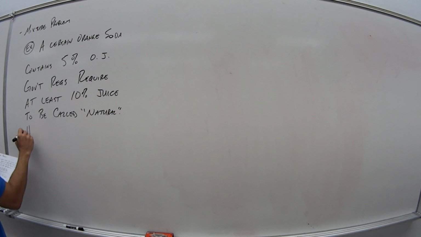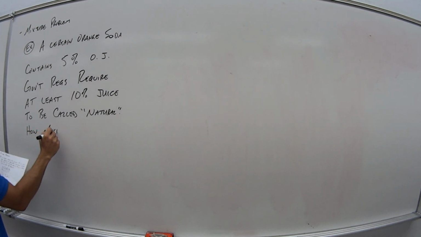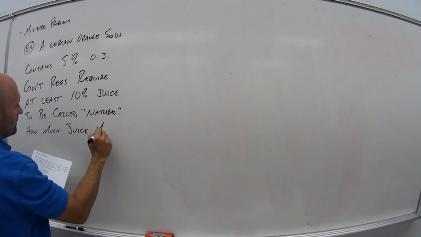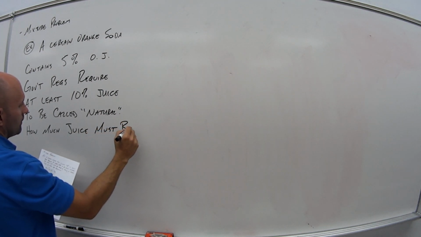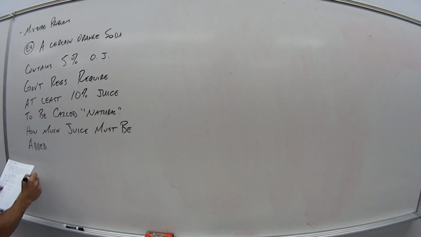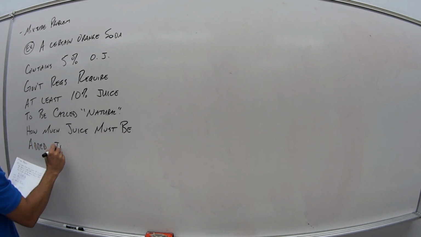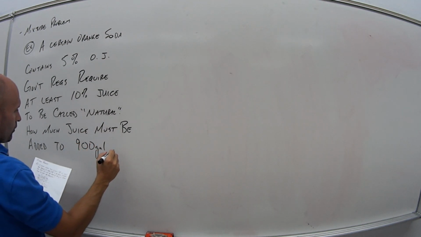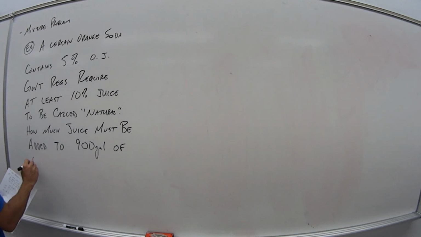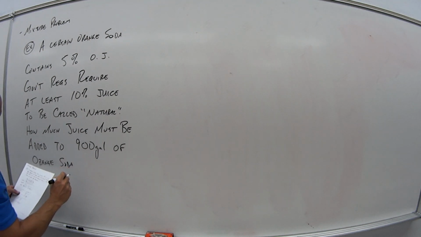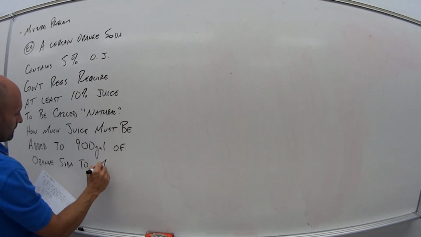How much juice must be added to 900 gallons of orange soda to meet the regulation?